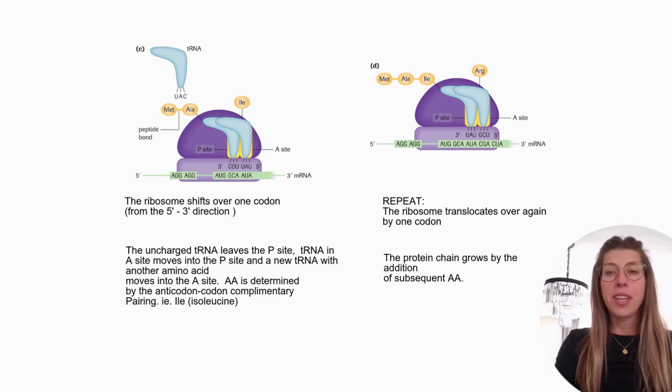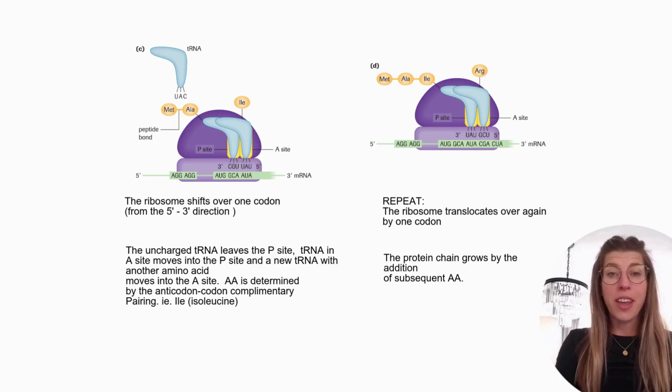Then as we keep going, the ribosome shifts over to the next codon. Okay, so it's shifted. We now have the peptide bond between MET and ALA, and we're coming in with isoleucine, ILE. The uncharged tRNA leaves the P site in this case. The tRNA in the A site shifts into the P site as it's moving across there.